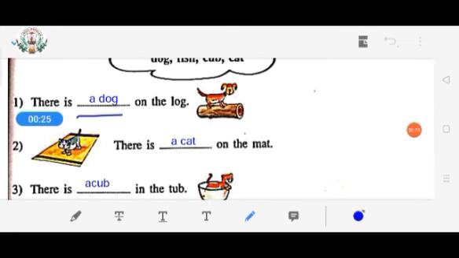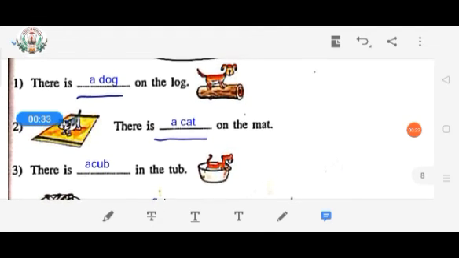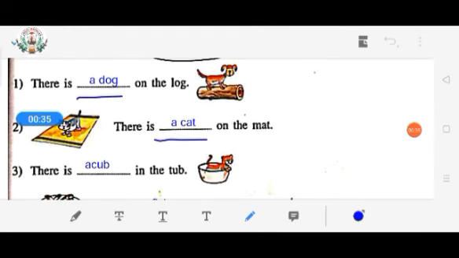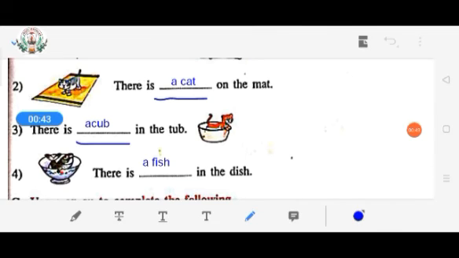There is a cat on the mat. Question number 3. There is a cup in the tub. Question number 4. There is a fish in the dish.